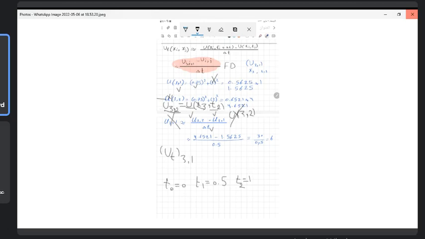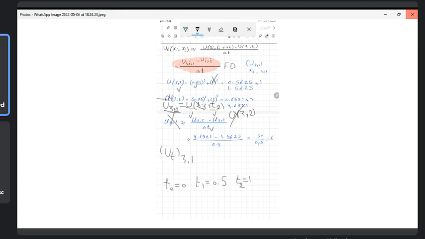We want to compute UT at the point with the indexes 3 and 1. By using this diagram, we should use U32 minus U31 over delta t.